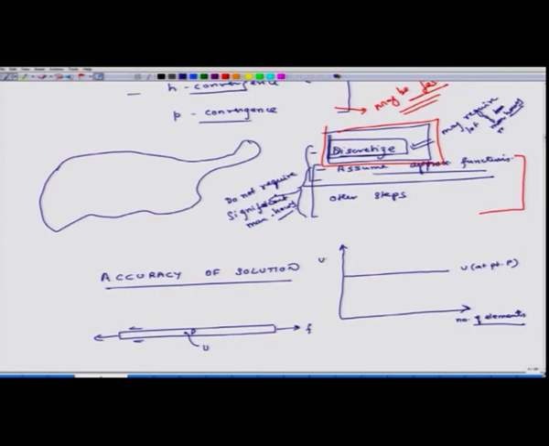Here we are plotting u at point P and UH at point P.